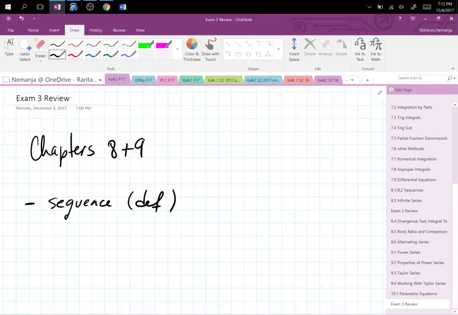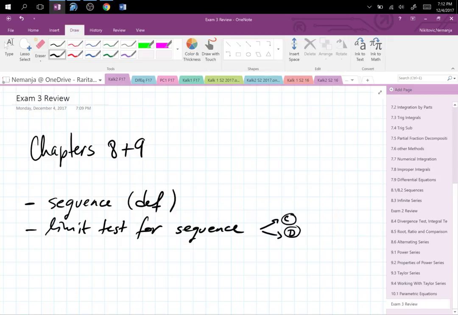Definition: you must know that a sequence is an ordered list of numbers. And then the limit test for sequences, converge or diverge, right?